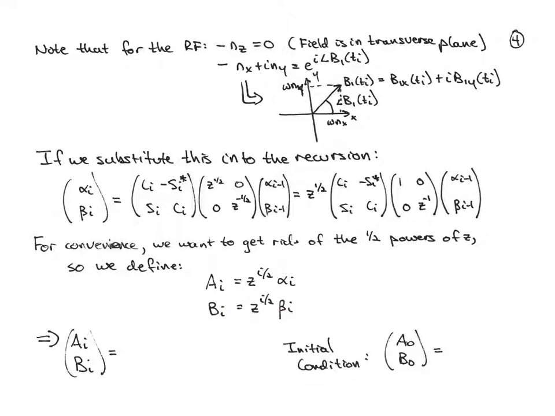And if we make that definition, then A i, B i, the rotation up to a certain time point, is c i, minus s i complex conjugate, s i, c i, times 1, 0, 0, z inverse, times A i minus 1, B i minus 1. Note again the lack of a complex conjugate on c i because it's real valued. And then again, our initial condition does not change compared to the standard spinor case. It's just 1, 0 corresponding to no rotation.